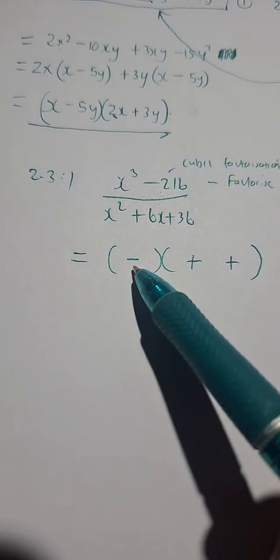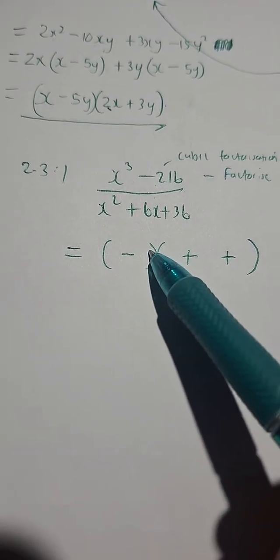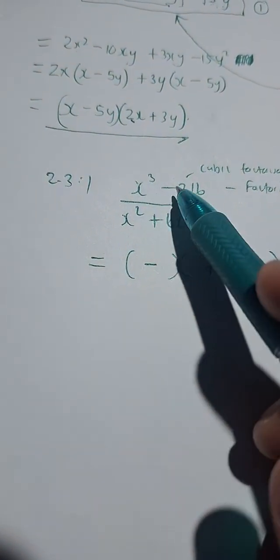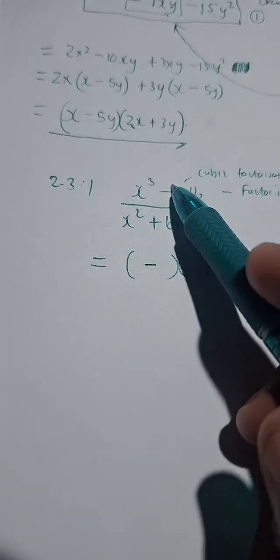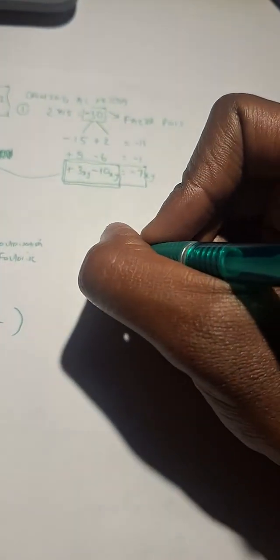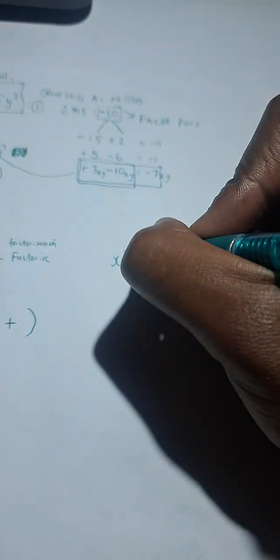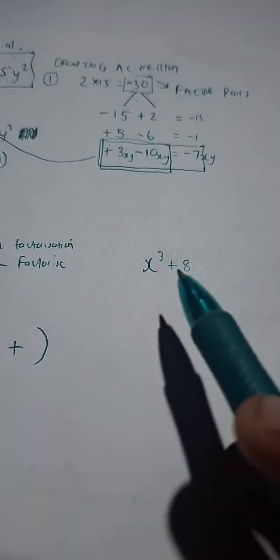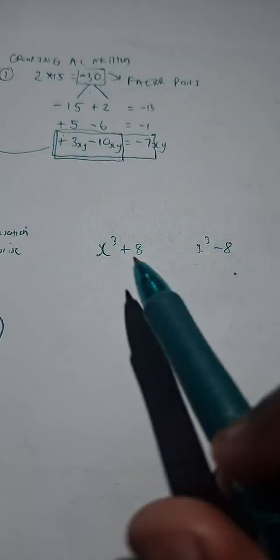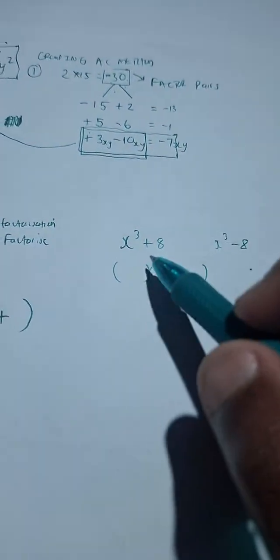So x cubed minus 216, like I said, you open a binomial bracket, you open a trinomial bracket. So the first bracket is going to be aligned according to the sign. Okay, so let me just look at two so that I can familiarize. If it was sum of two cubes, you open a binomial and a trinomial.